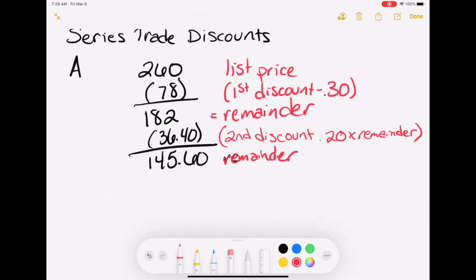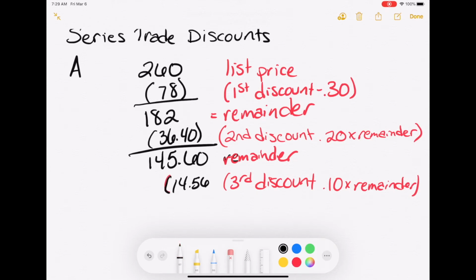From there, we will repeat the process with the third discount. And it's not very common to have more than 3. 3 is pretty much the standard. So we're going to take 10% and multiply that by the remainder. So 10% of this is $14.56.